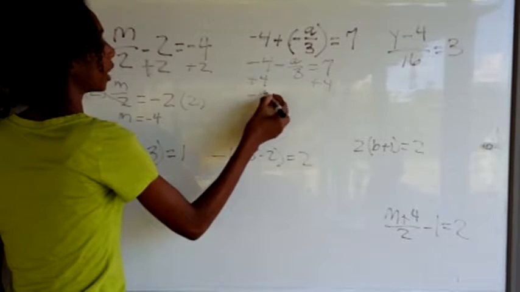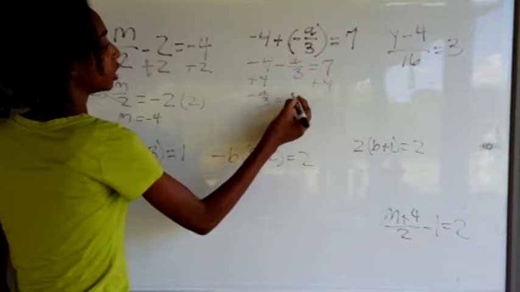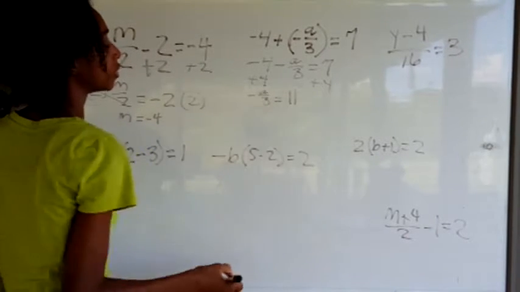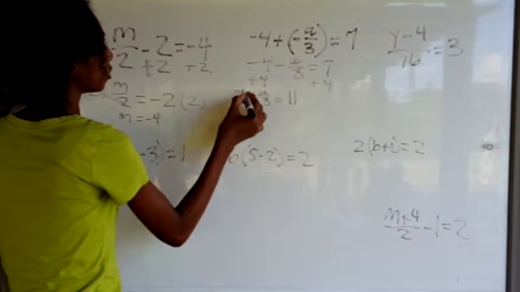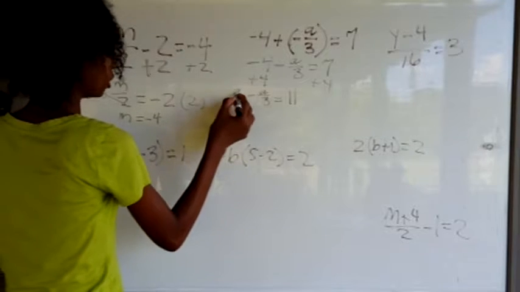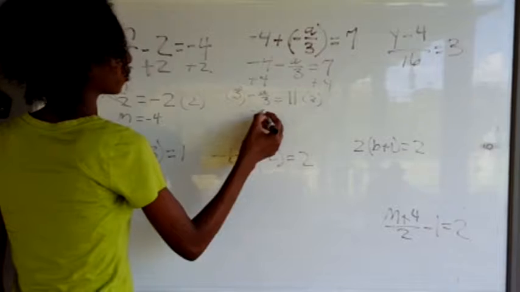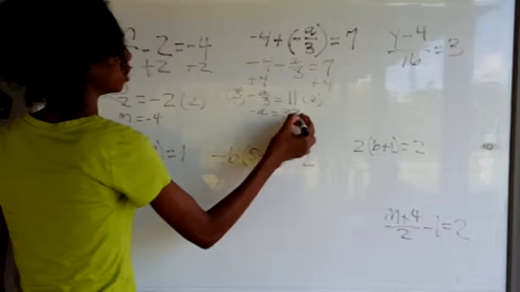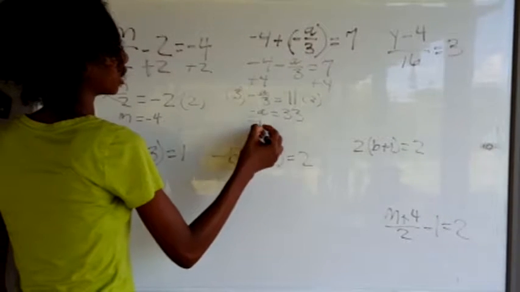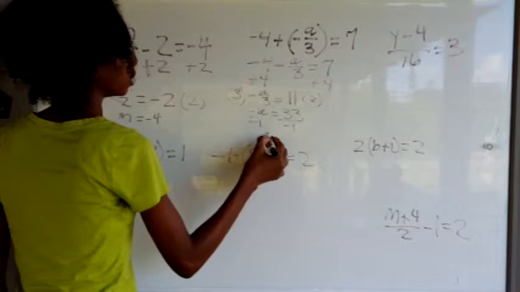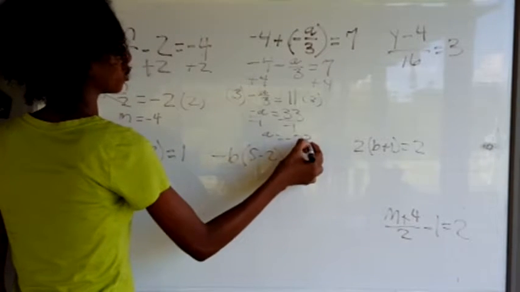We're left with negative a over 3 equals 11. Then we multiply by 3, and we're left with negative a equals 33. Then we can divide by negative 1, so a equals negative 33.